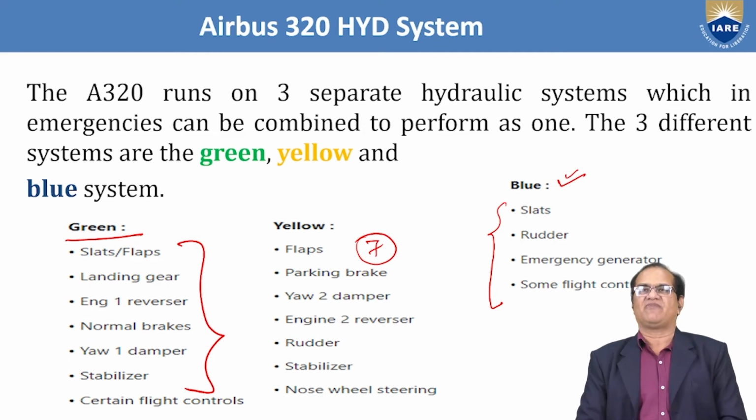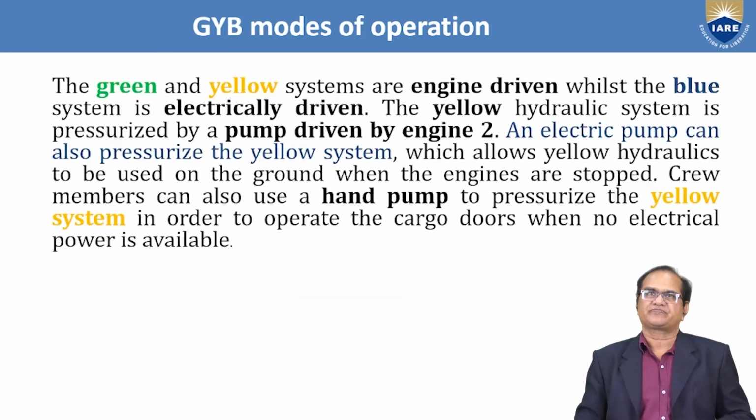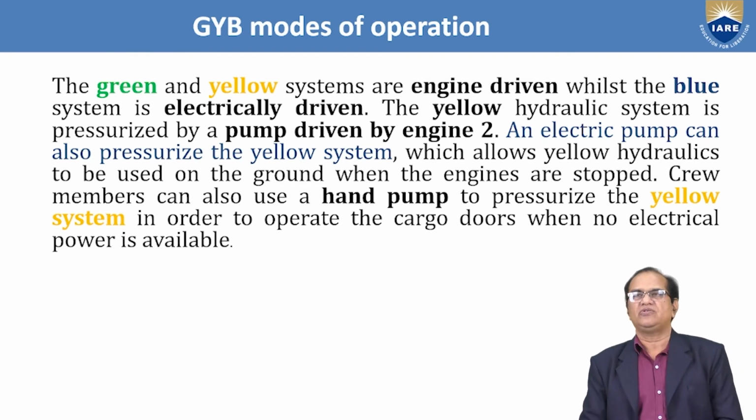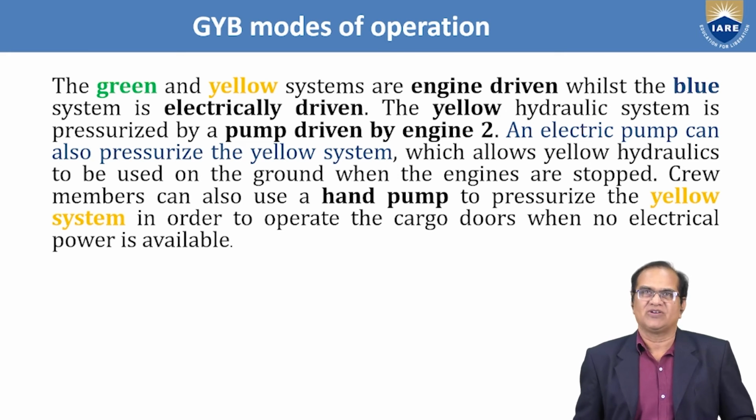Yellow operates the flaps, parking brake, yaw 2 damper, engine 2 reverser, rudder, stabilizer, nose wheel steering, and the slats, rudder, emergency generator, and some flight controls are used by the blue system. Now the green, yellow, blue modes of operation: how these are operating, I am going to discuss in the following slides.